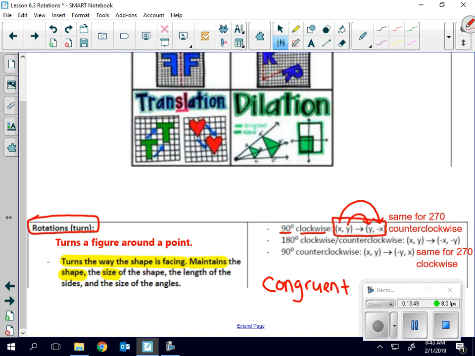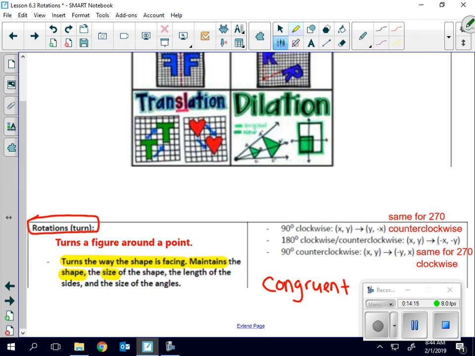And we remember that 90 degrees clockwise is the same as 270 degrees counterclockwise. So if I asked you for either one of those, we would be using this formula right here. Okay? So that's 90 degrees clockwise, which is the same as 270 degrees counterclockwise.